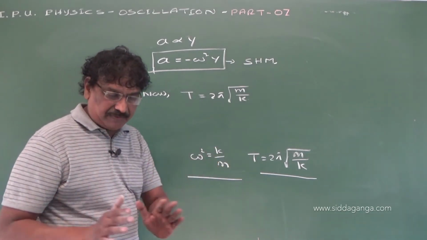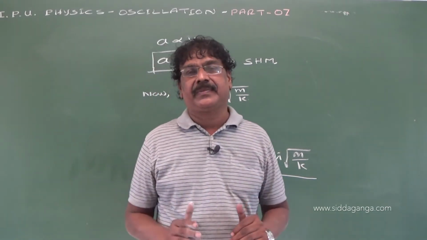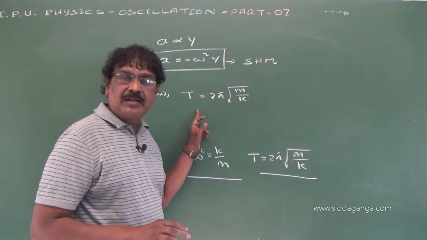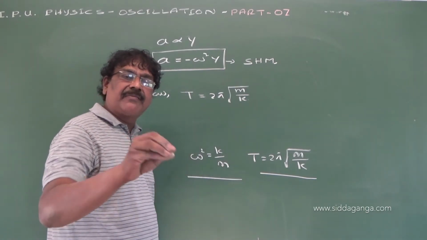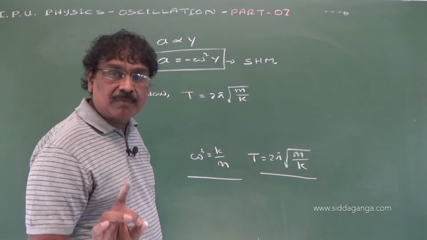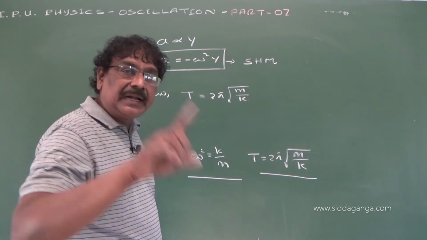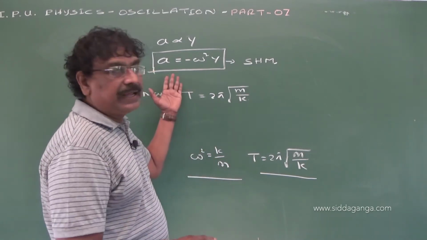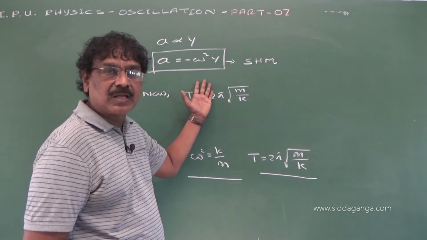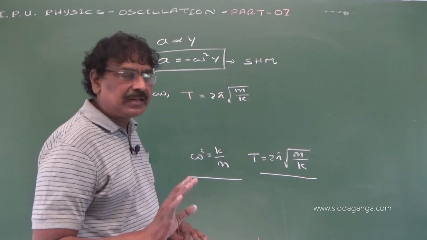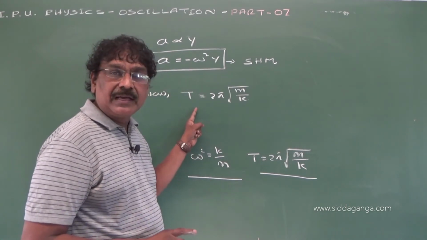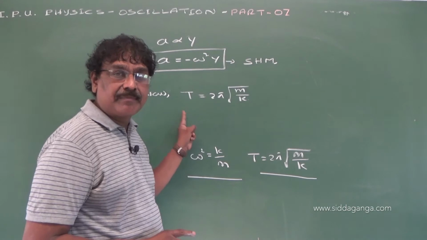To apply this equation to find the time period of any motion, that body should be executing simple harmonic motion, and it is ensured by finding its acceleration a is equal to minus omega square y. If its acceleration does not satisfy this equation, then we cannot apply this equation to find the time period.